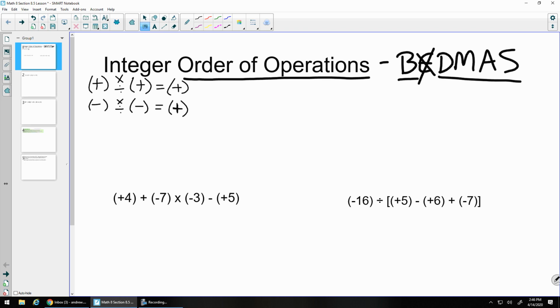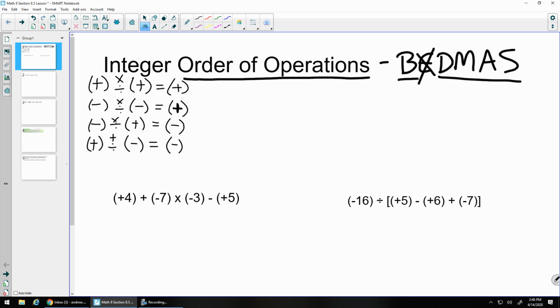So if you have two of the same thing, two positives or two negatives, you always get a positive amount. If you have a negative and you multiply or divide that by a positive, you are going to get a negative. If you have a positive and you multiply or divide that by a negative, you get a negative.